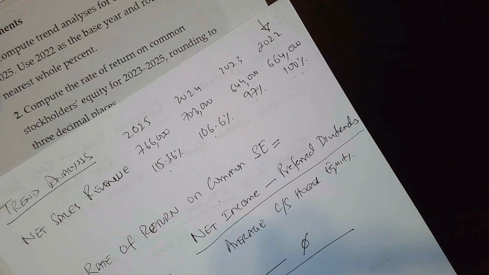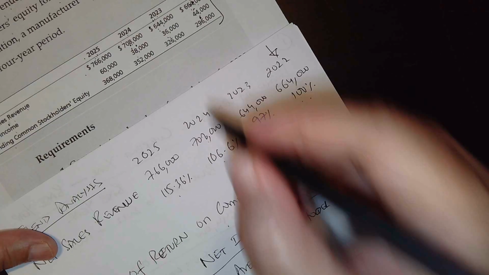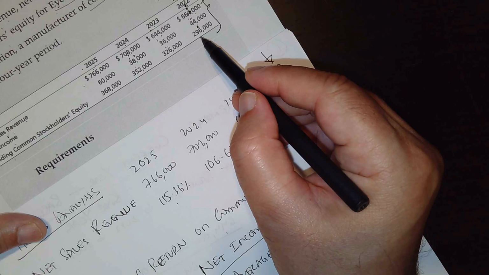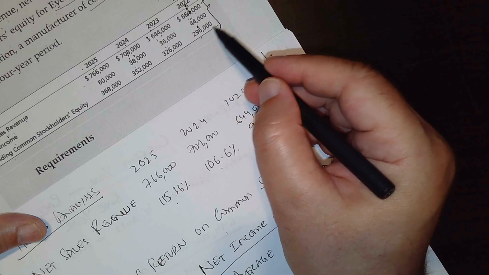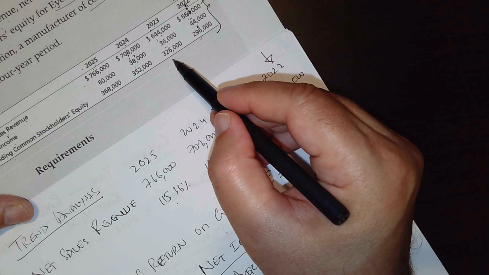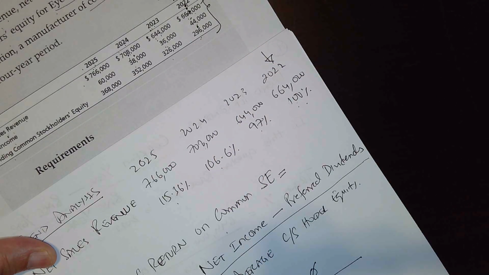Now how would you calculate the average? Because you have been given a stockholder equity from the beginning of the year or the end of 2022 is the same thing, is 296 and 326. So you're just going to take 326,000 plus 296,000 and you divide both by 2.